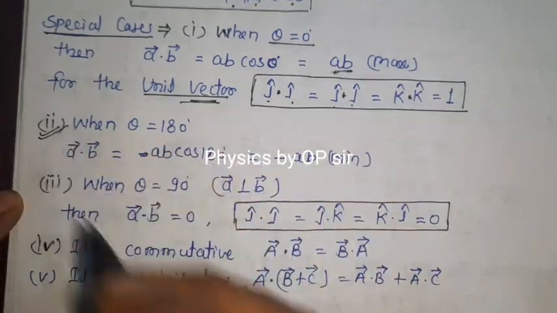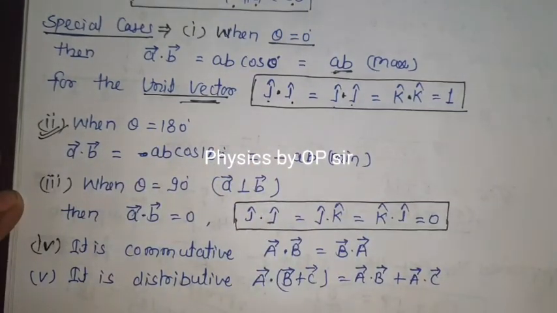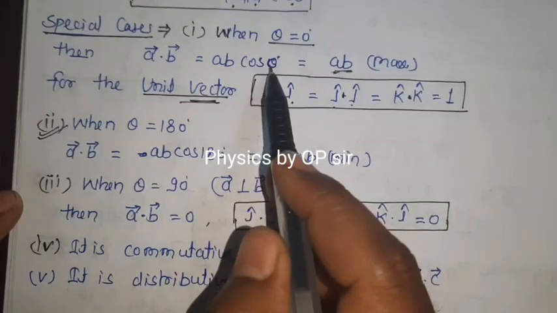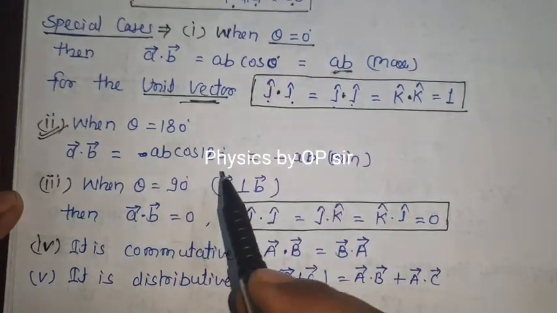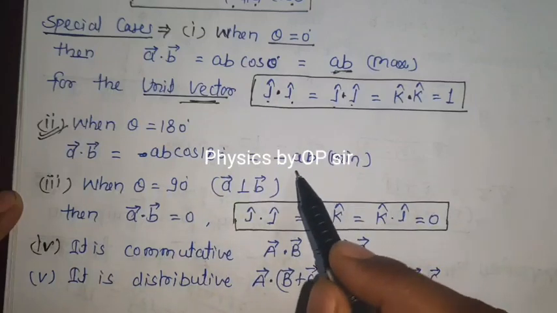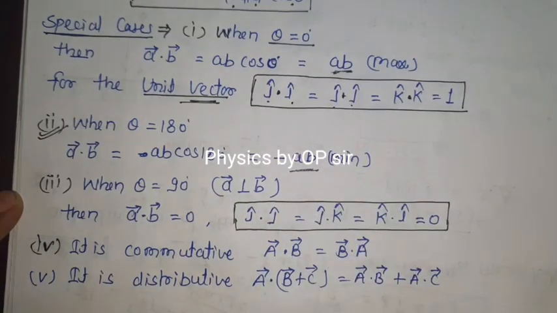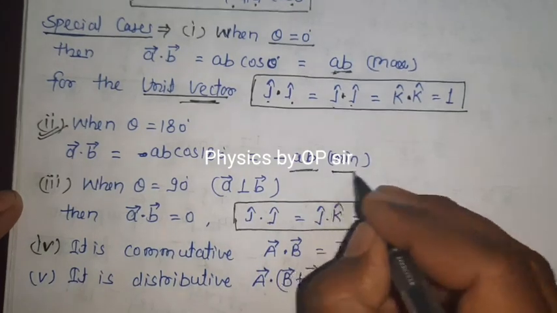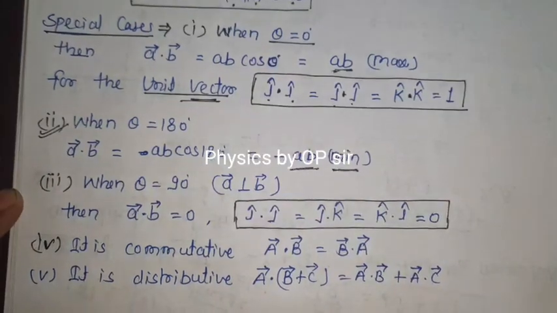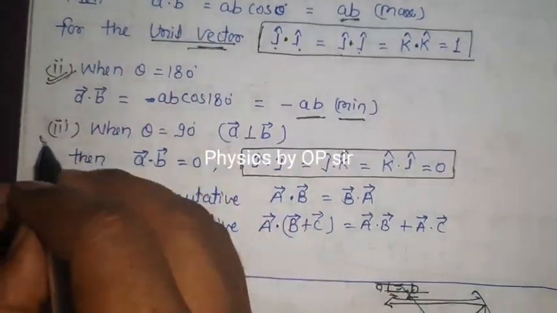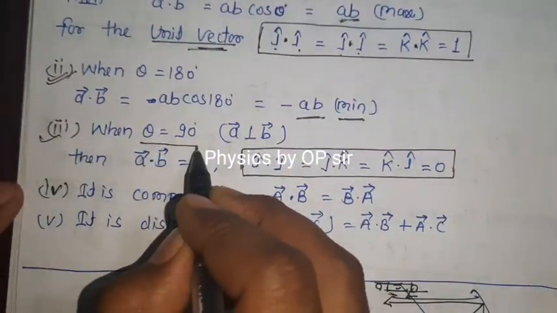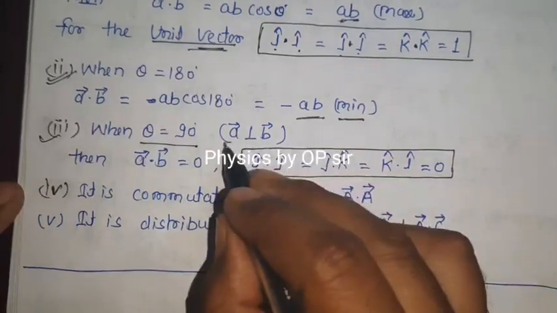Second case, when theta is equal to 180 degree, put the value of theta as 180 degree. Cos 180 degree is minus 1. Then we get the answer minus AB, minus of the product of the magnitude of A and the magnitude of B. It is the minimum value. Next, the third point, theta is taken as 90 degree, which means both vectors are perpendicular to each other.